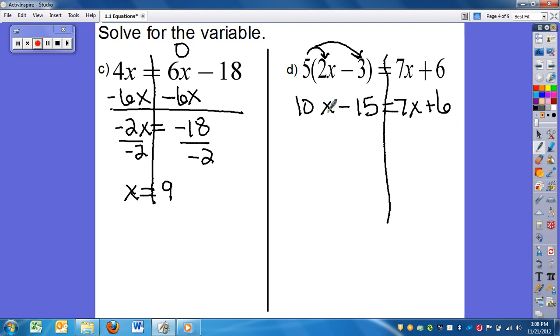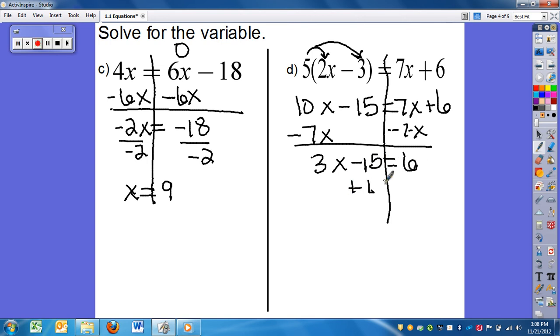I have variables on both sides, so I generally like to move the smaller of the two, which is 7x. It's positive, so I'm going to minus it. That gives me 3x - 15 = 6.